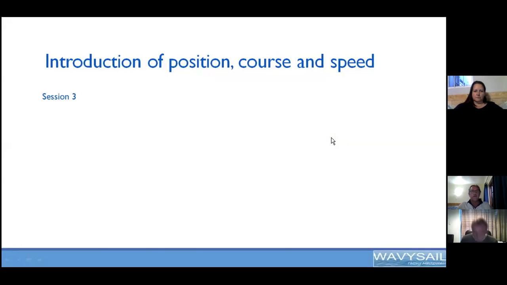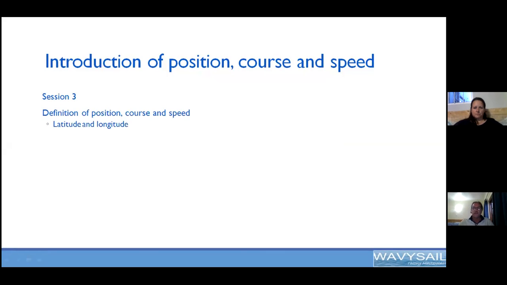So let's go ahead. What we're going to cover this evening is a definition of position, course and speed. And when I say definition, there's about 20 of them, so it's kind of a rough overview. We'll talk about latitude and longitude and where it's derived from.